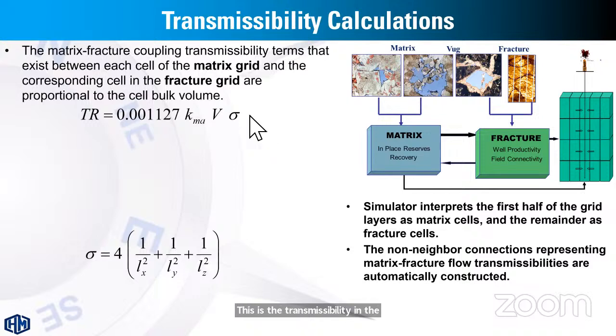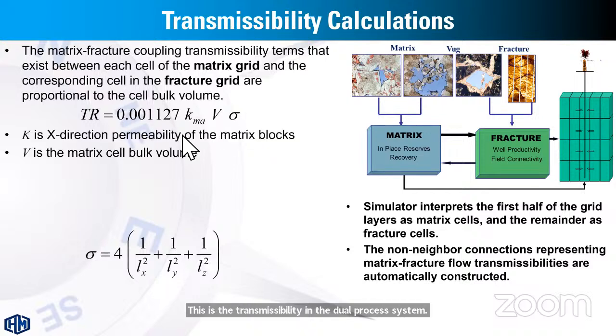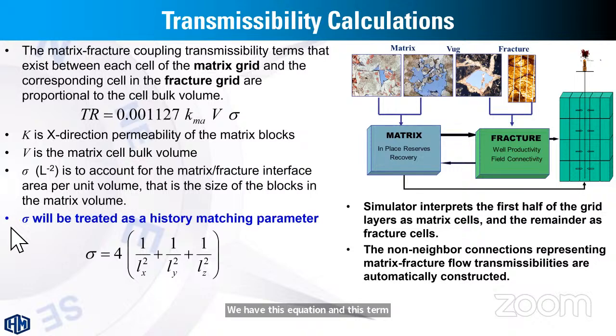This is the transmissibility in the dual porosity system. We have this equation, and this term is defined as the sigma factor, or matrix-fracture coupling factor. This factor has dimension of L to the power -2, because it's defined in terms of 1 divided by Lx squared, Ly squared, Lz squared.